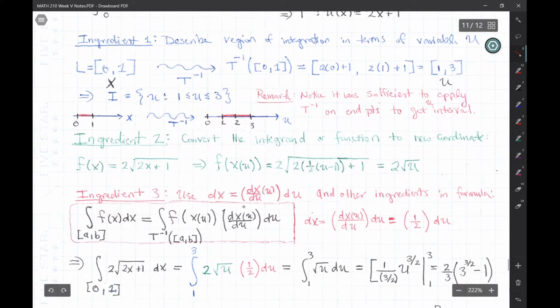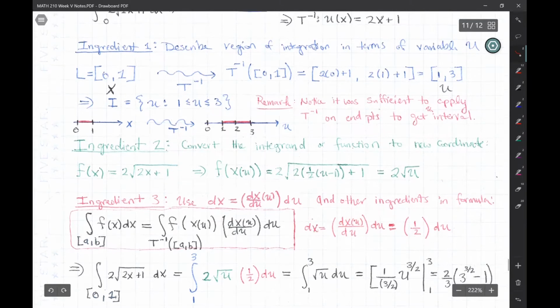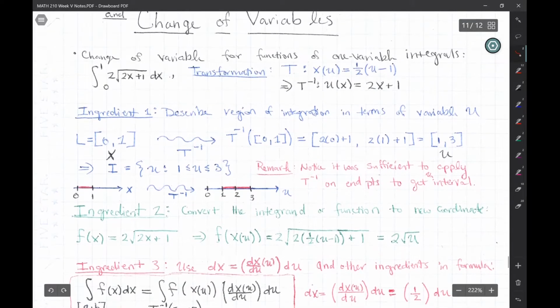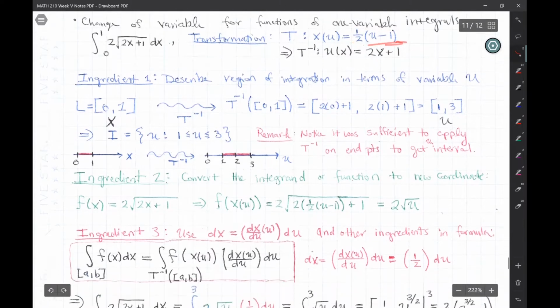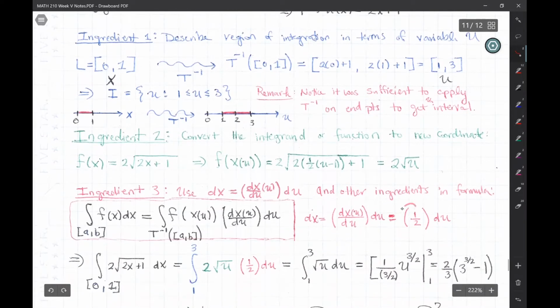Using this formula for getting the relation between the length elements, we take the derivative of the expression x of u with respect to u, and we get 1/2. So we have 1/2 du, so dx is equal to 1/2 du.